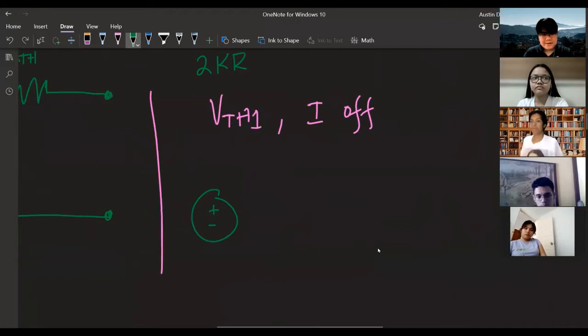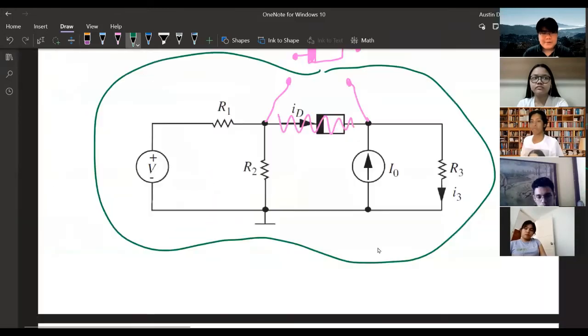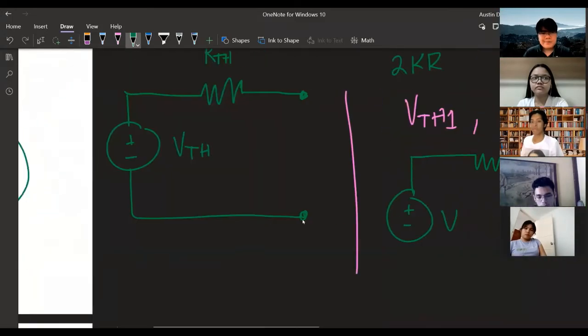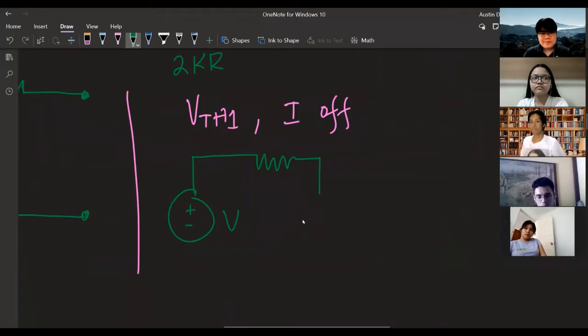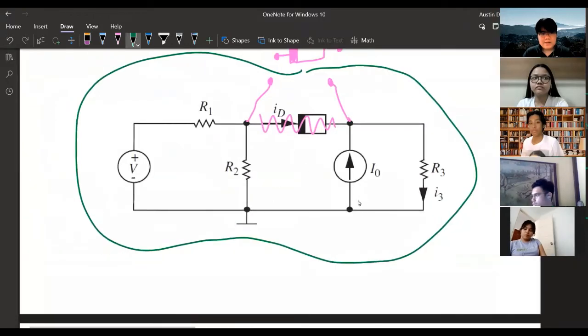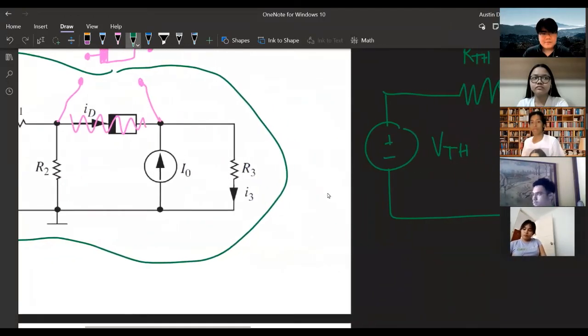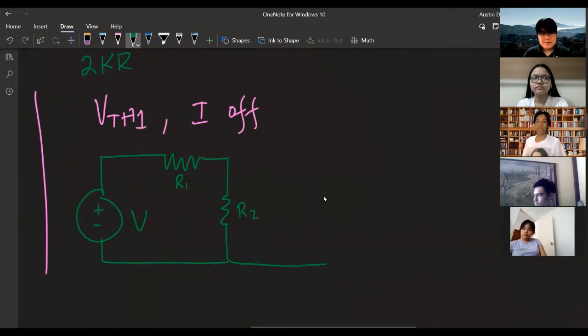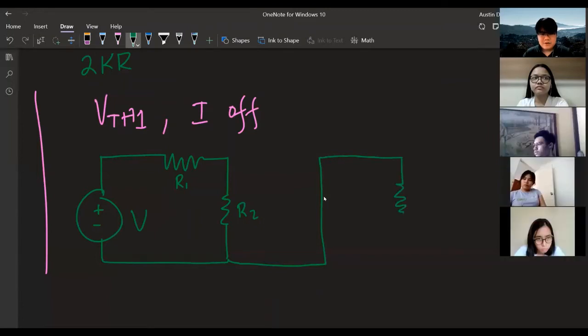Tapos, resistor R2, this R1, R2, and then oops, mali.